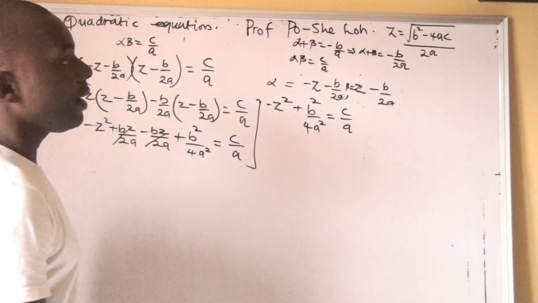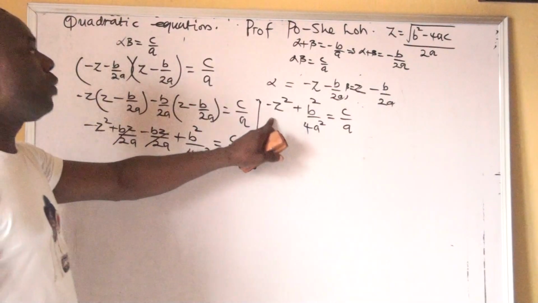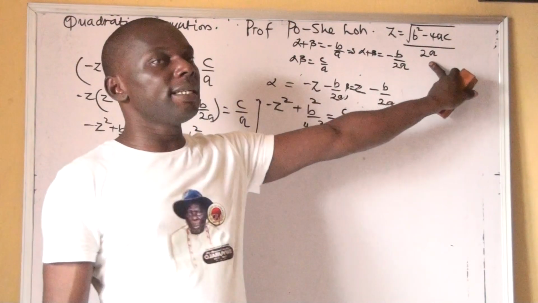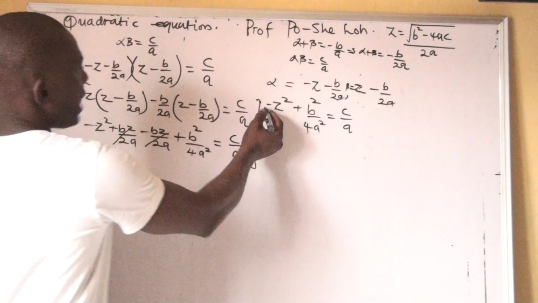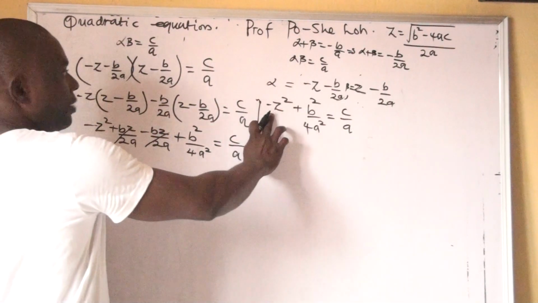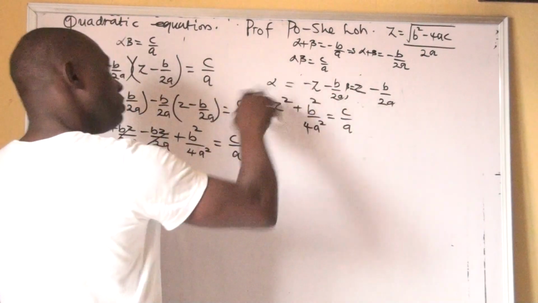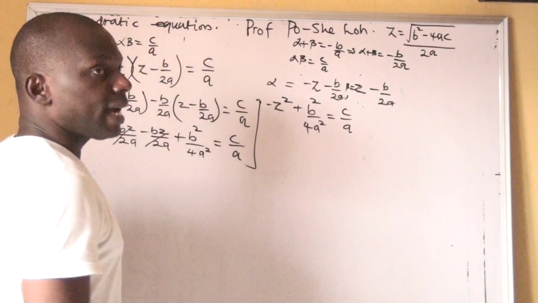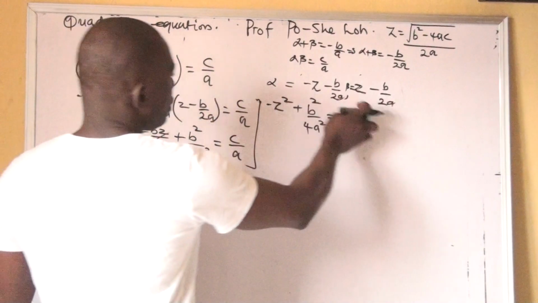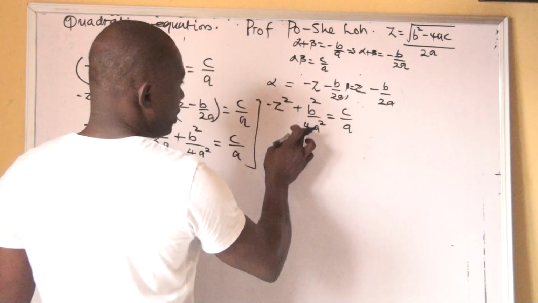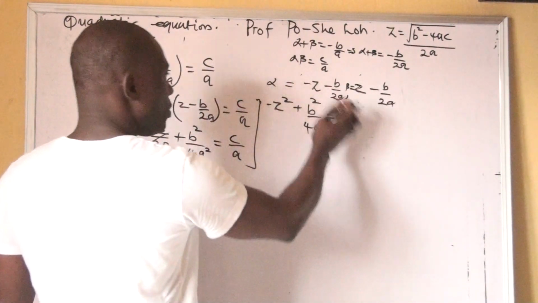Then the next step here, because we are looking for z, we want to show that z is this expression. Now this is minus here. This minus z we move this way, and the c over a we move to the left hand side. This is minus, as it's going this way it becomes plus. This is plus, as it's coming this way it becomes minus.